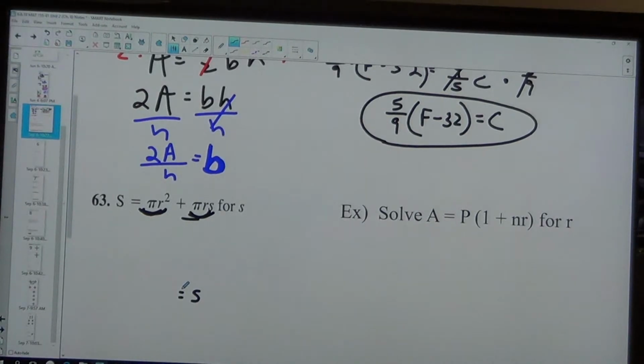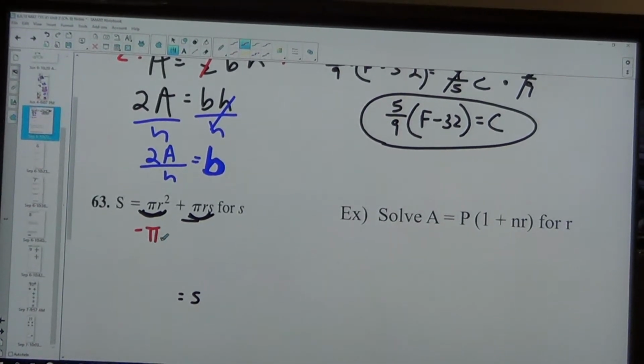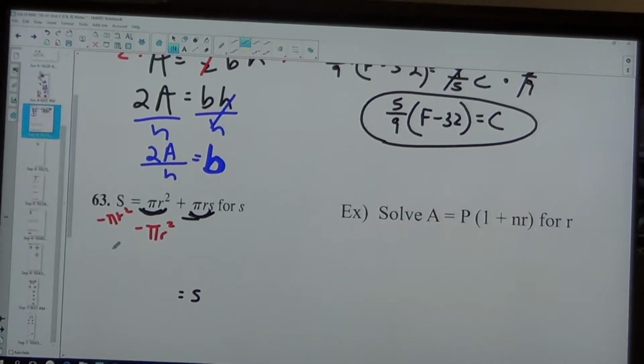So you want to get rid of pi r squared, right? And how do we get rid of the pi r squared? Subtract. So we're going to subtract pi r squared from both sides. So it's going to be S minus pi r squared equals pi r s.